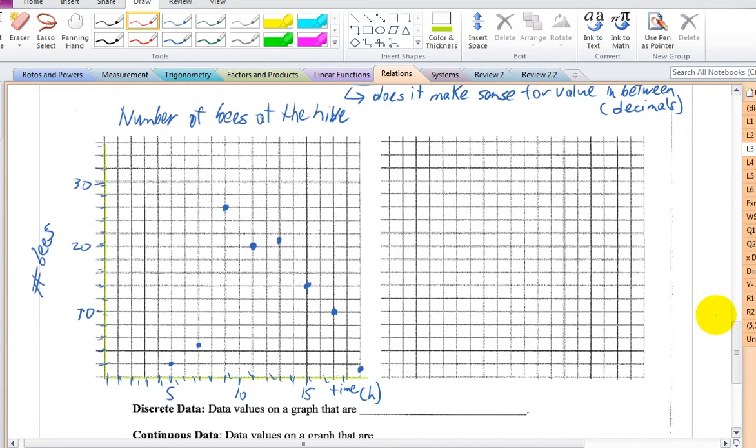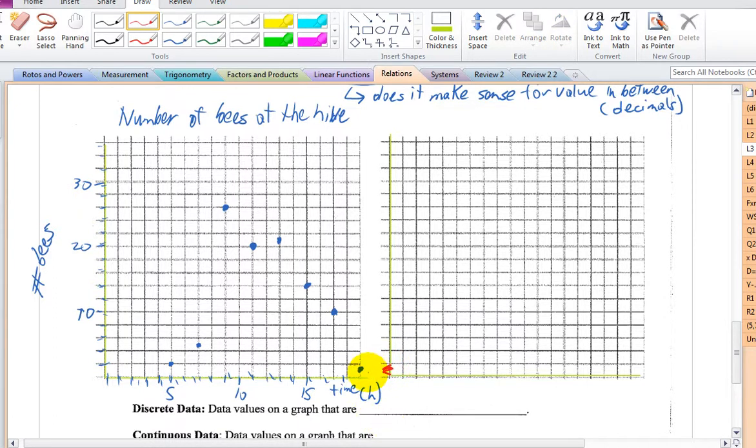But what we can do is we're going to cheat here, and I'll show you what I'm doing. I'm going to put my grid line down. You can do the same. Put your axes down. Now I'm going to do a little squiggly line at the bottom.